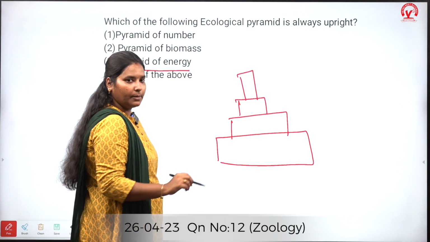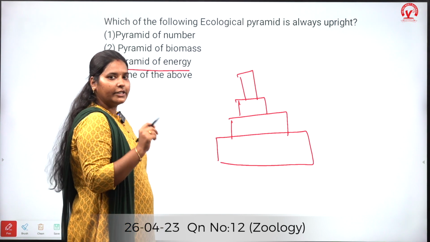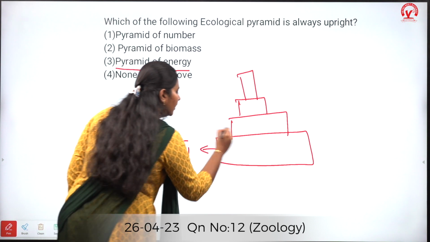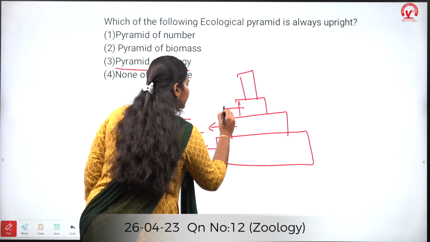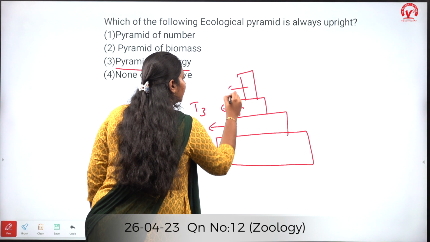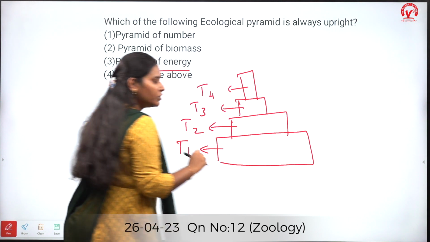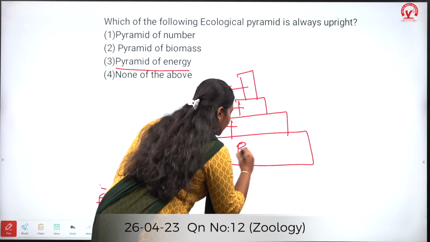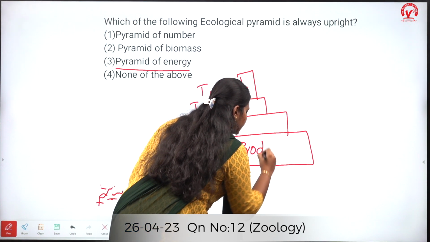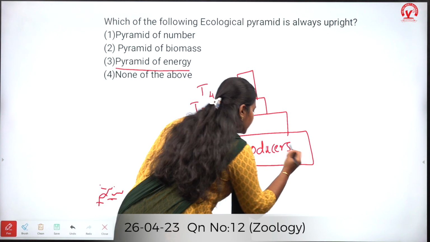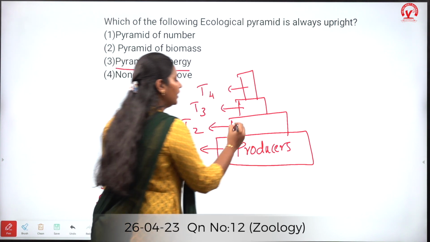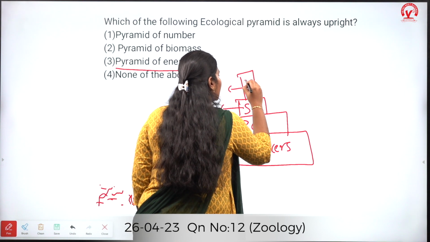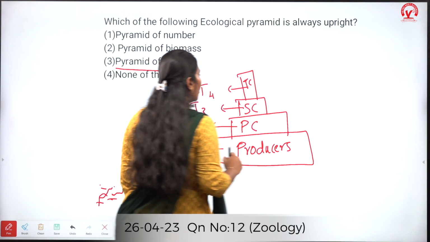In this pyramid, we represent each of the trophic levels. The lowest level is the first trophic level, here is the second, this one is the third trophic level, and this is the fourth trophic level. The lowest trophic level is occupied by the primary producers, then the primary consumers, secondary consumers and tertiary consumers.